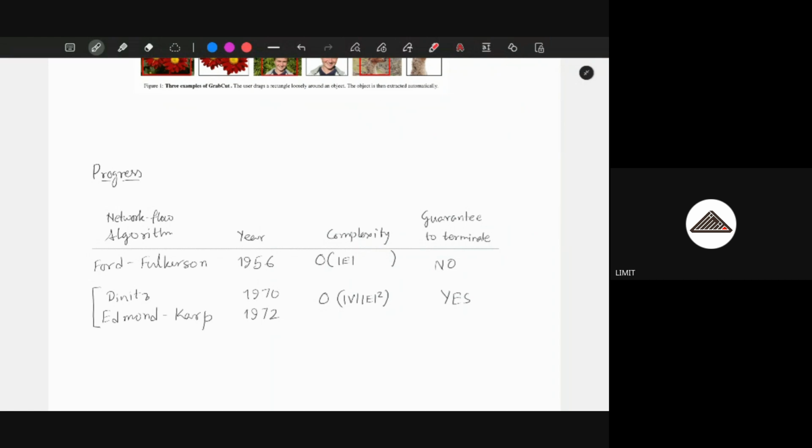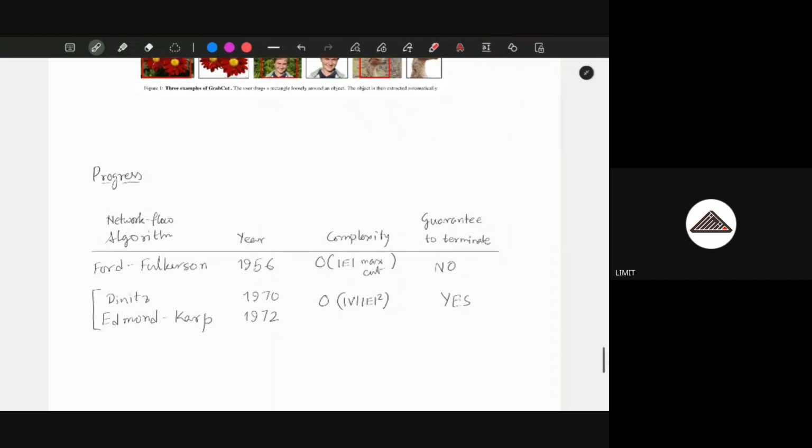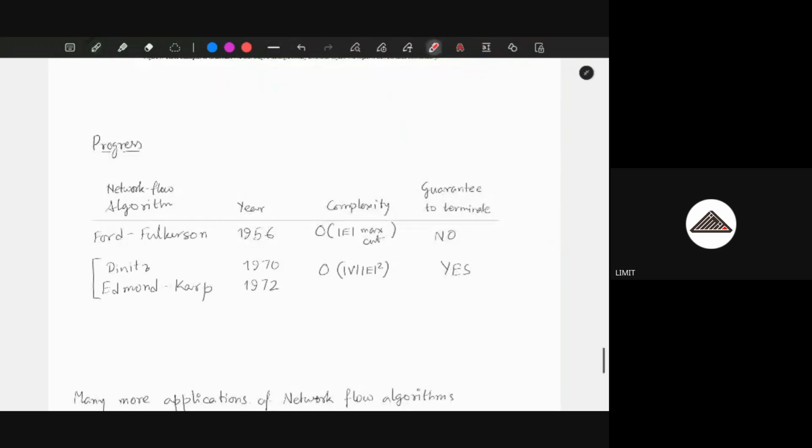This is basically probably max flow, never mind. Complexity: if there is a cut where one capacity is very high, then the time it will take will be very high.